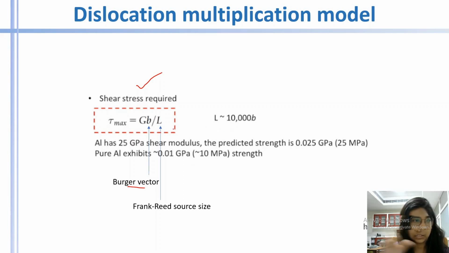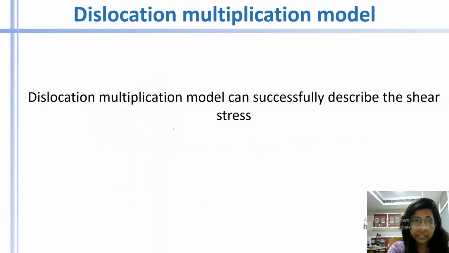If we apply the same for pure aluminium, since aluminium has 25 GPa shear modulus, the predicted strength becomes 0.025 GPa, which is very close to 0.01 GPa. Hence it is matching. So the dislocation multiplication model can successfully describe the shear stress required.